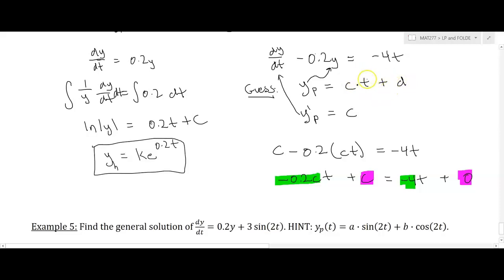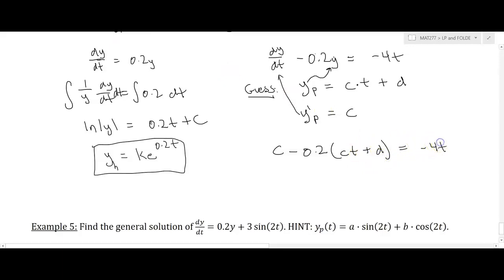The derivative of ct plus d will still be c, but the advantage this gives me is that, going back to the drawing board, now the left-hand side in the parentheses will be ct plus d, and that has to equal -4t.